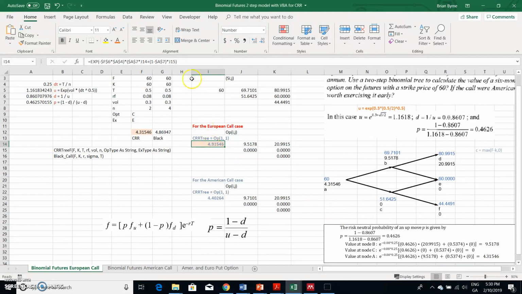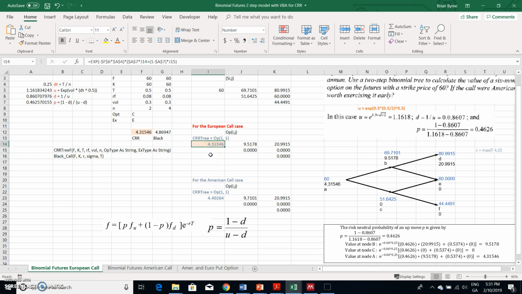When I take the same formula, P times FU plus 1 minus P times FD, times e to the negative RT, P is the 0.46 by FU, the 9.5178, times 1 minus P times FD, which is 0, that produces a value then of 4.31546, and that's the value of the European option.